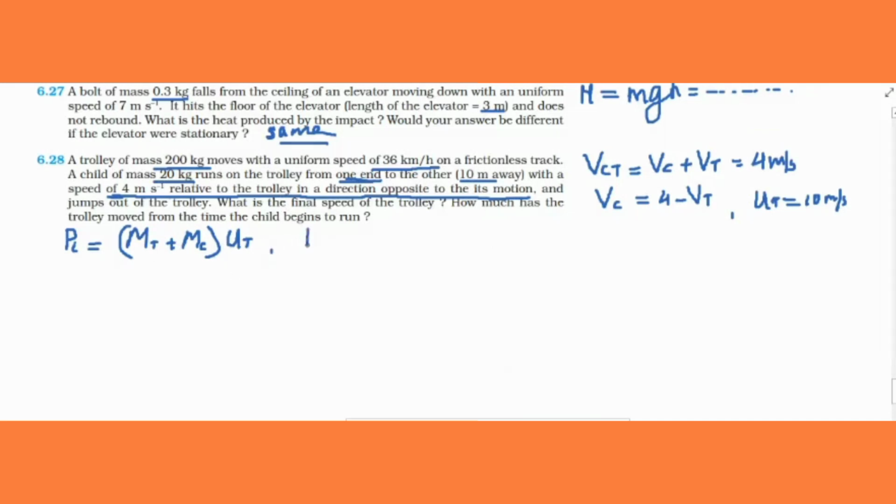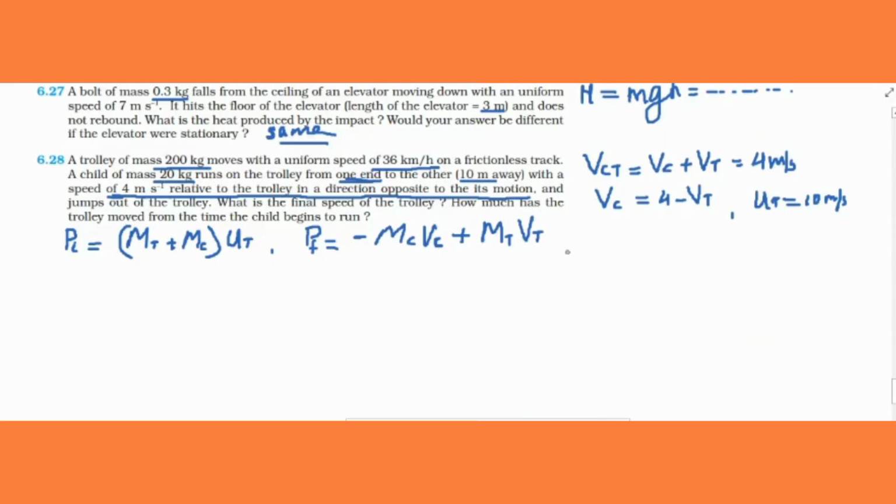Now, final momentum. How much is the final momentum? The final momentum we can take as minus mcvc, that is the momentum of the child, plus the momentum of the trolley, mt vt. What is this vt?